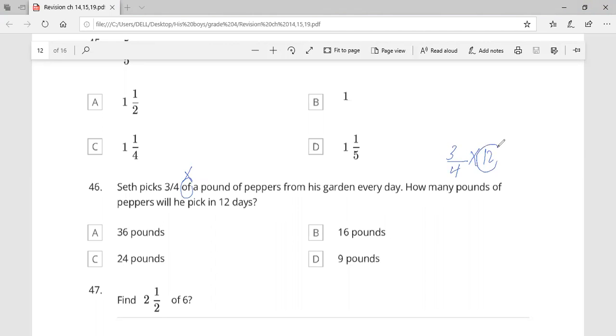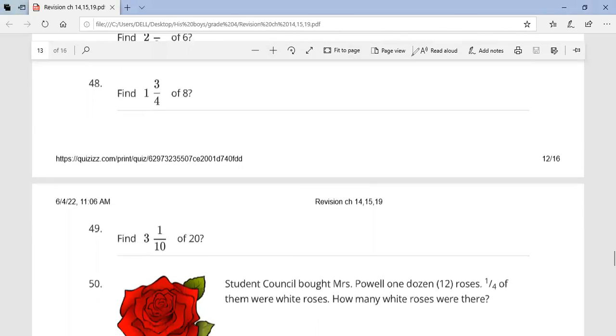You can multiply 3 multiplied by 12 divided by 4, or 12 divided by 4 and multiply the result by 3. 12 divided by 4 is 3. 3 multiplied by 3 is 9. If you do the opposite, 3 multiplied by 12 is 36, 36 divided by 4, you get 9, the same, as you like. But as we said before, I prefer to divide first.